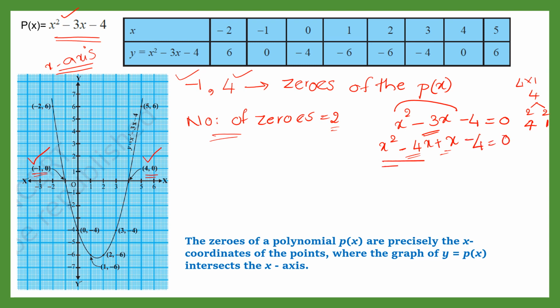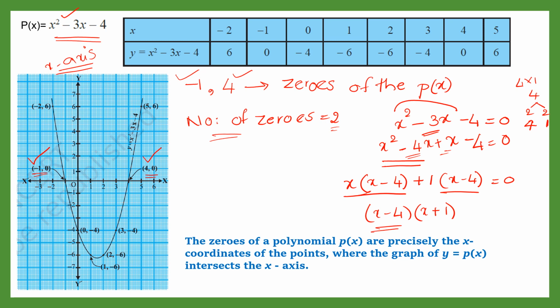In these two terms, taking x as common, you get x into (x minus 4) plus 1 of (x minus 4) is equal to 0. Taking x minus 4 common, you get (x minus 4) into (x plus 1). So x square minus 3x minus 4 is (x minus 4) into (x plus 1).